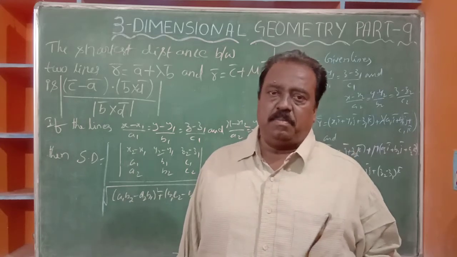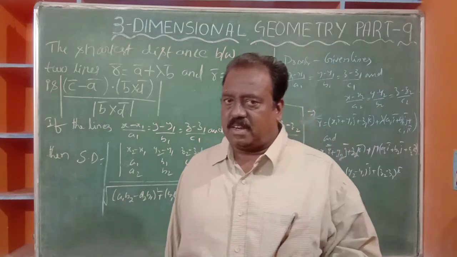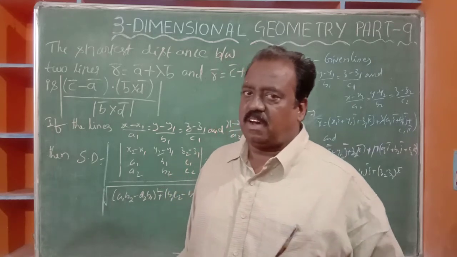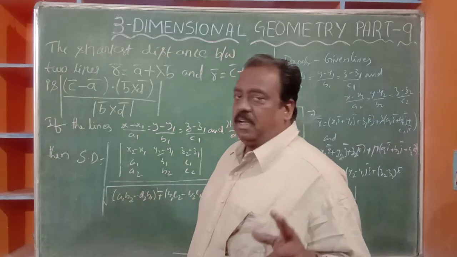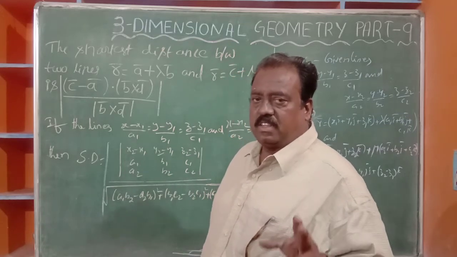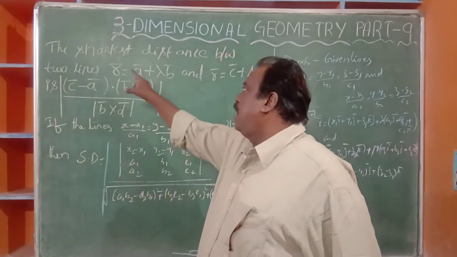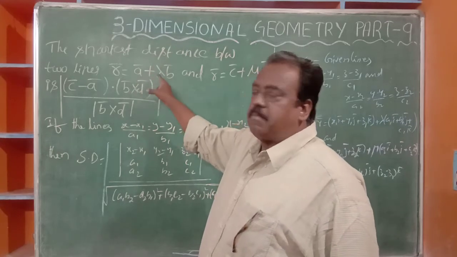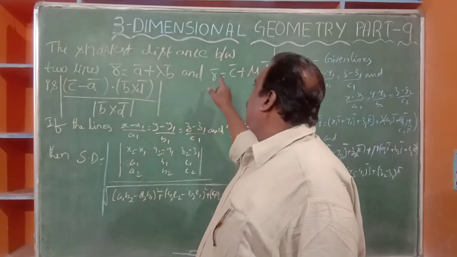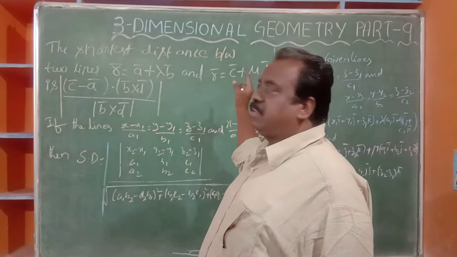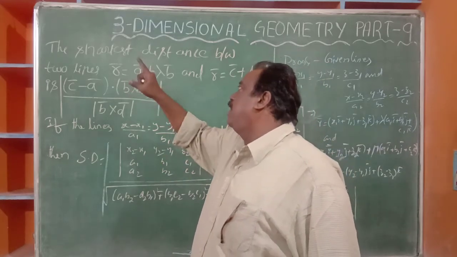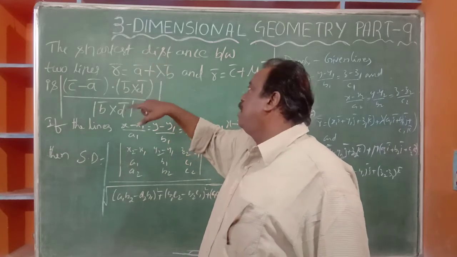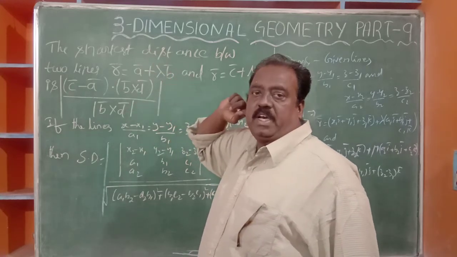Those lines will be given in the vector equation or otherwise in the Cartesian form. In the vector equation, I taught that in the previous video: r bar is equal to a bar plus lambda b bar, and r bar is equal to c bar plus mu d bar. That is, the first line passes through point A, whose position vector is a bar, and is parallel to vector b bar.